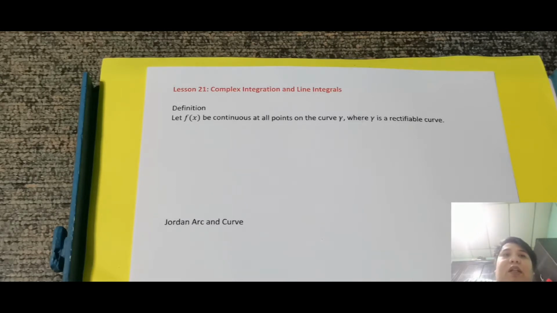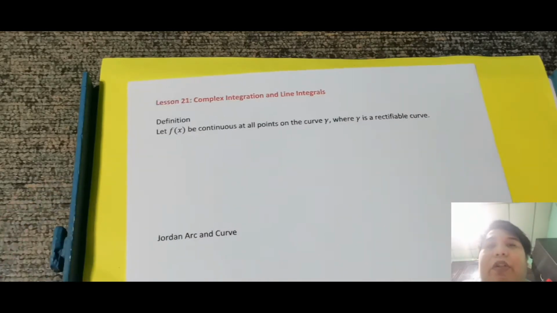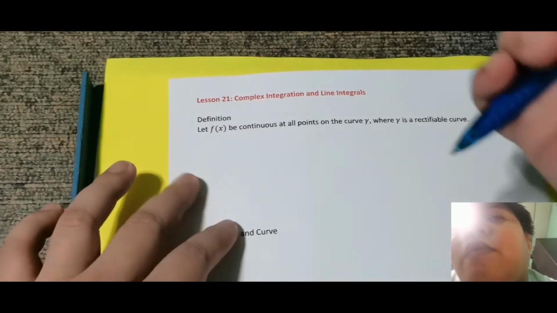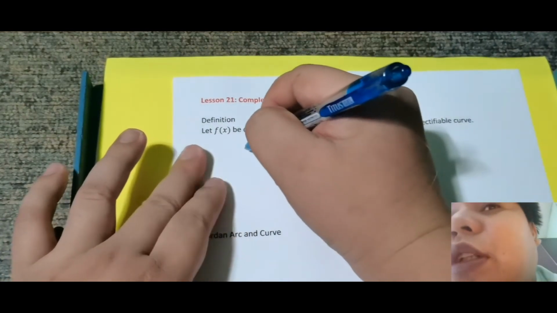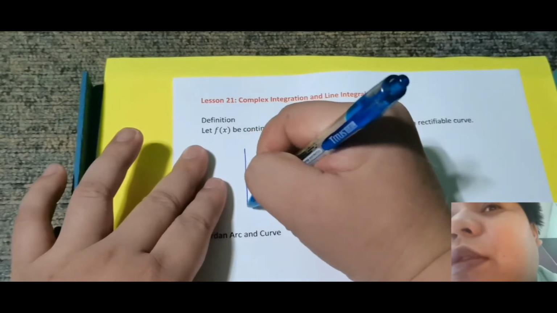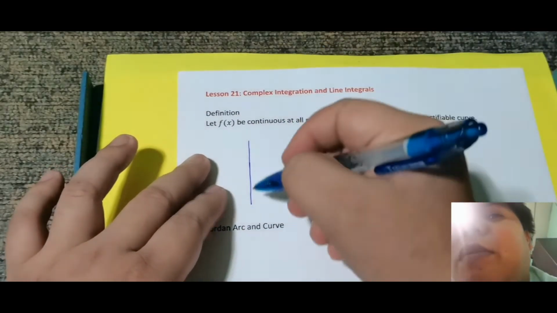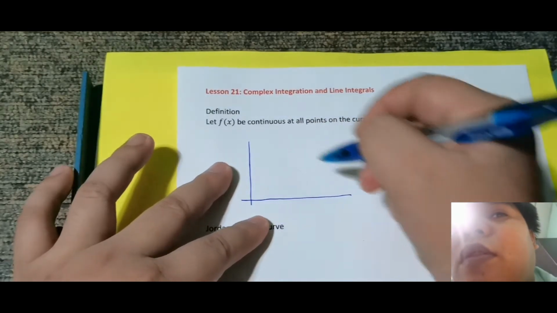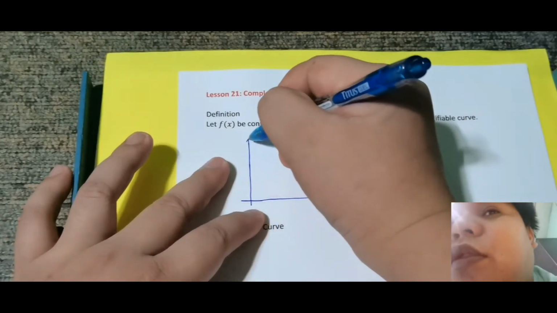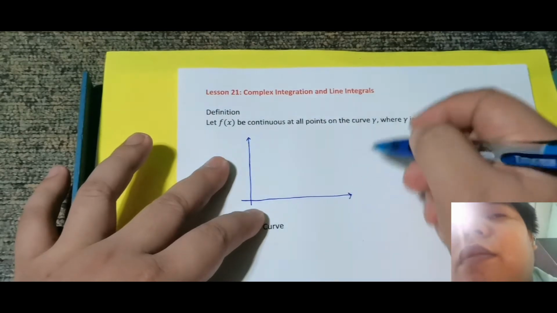Ngayon, mag-a-add ako dito ng konting illustration. Ano nga ba yung gamma na yan? Ano yung itsura ni gamma in terms of curve? Gagawa ko dito ng ating complex plane. So suppose ito yung ating imaginary line, ito yung ating real line.